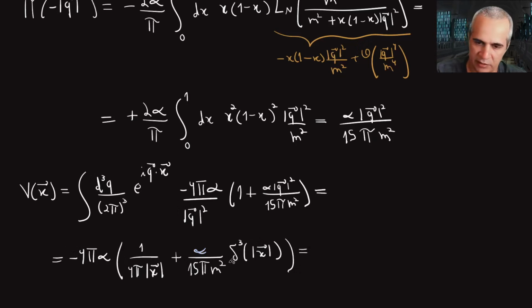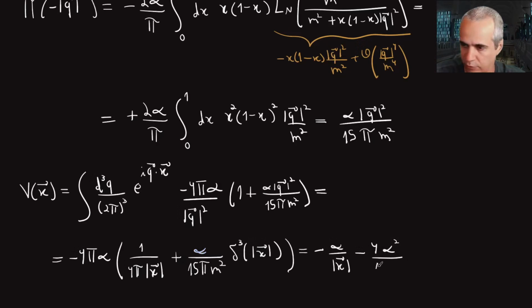So now I can just simplify a little bit, and you see I have the Coulomb potential here, now written in position space and in terms of alpha, but it's the same thing we used to, right? Plus a correction. Let me figure out the corrections. There's a 4, some pi's, some cancellations there, but it's alpha square over 15 m square delta 3 of x.